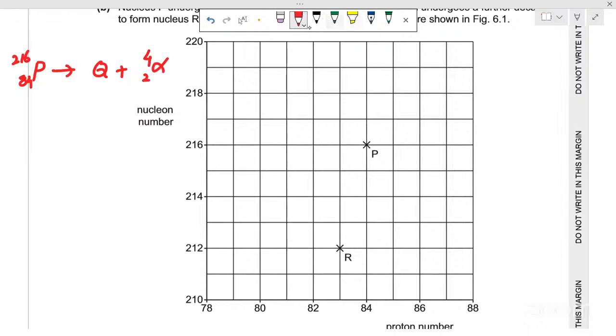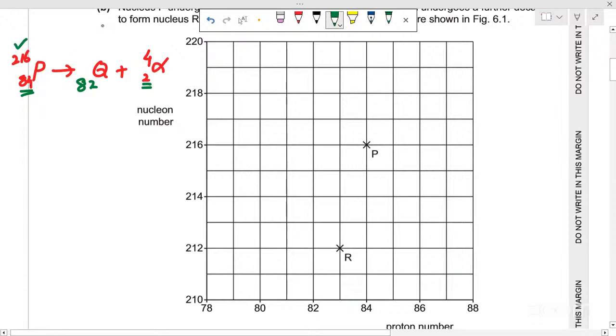In any reaction, the charge number is conserved. If the proton number on the left hand side is 84, then the total proton number on the right hand side must be 84. So you can easily write what should be the proton number of this Q. It must be 82, because 82 plus 2 makes 84. And nucleon number is also conserved.